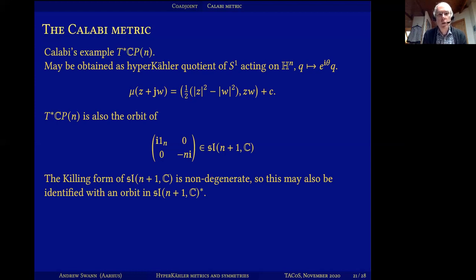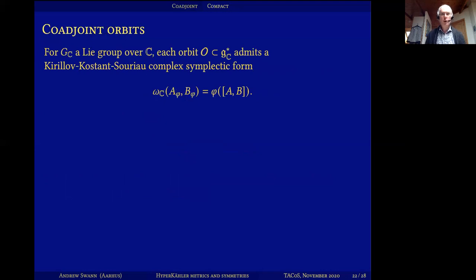The Killing form of SL(n+1, C) is non-degenerate, so you could alternatively identify this as an orbit in the dual space, and then you're looking at co-adjoint orbits. Co-adjoint orbits are good examples of objects with symplectic or complex symplectic structures. If you take any Lie group over the complex numbers, then every co-adjoint orbit admits a complex symplectic form due to Kirillov, Kostant, and Souriau.